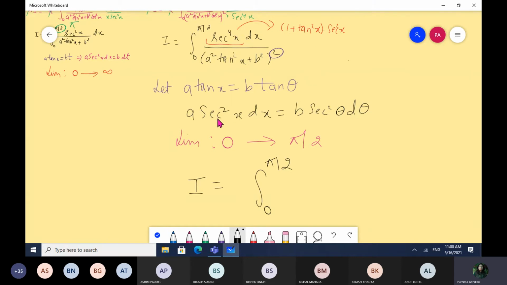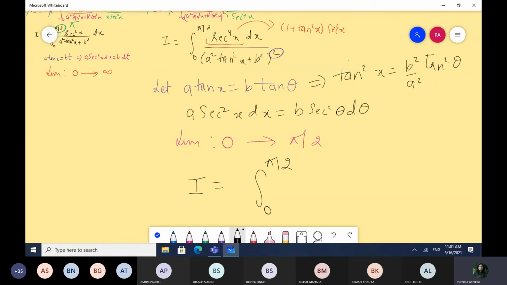So tan square x को ठाउँमा के राख्ने? a tan x equals b tan theta implies what is your tan square x? के आउने भयो tan square x को ठाउँमा? b square upon a square tan square theta, isn't it?